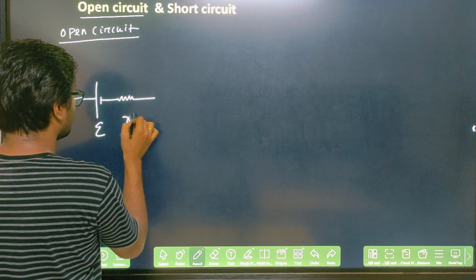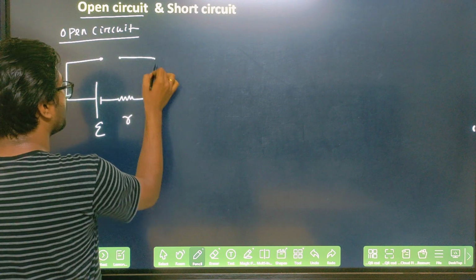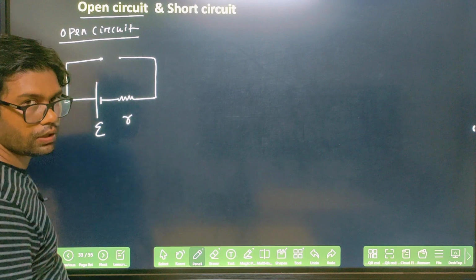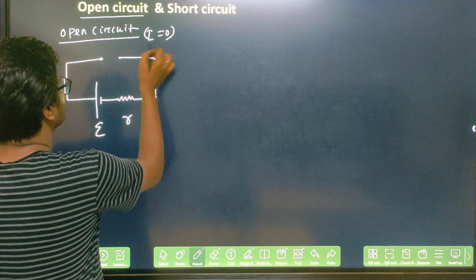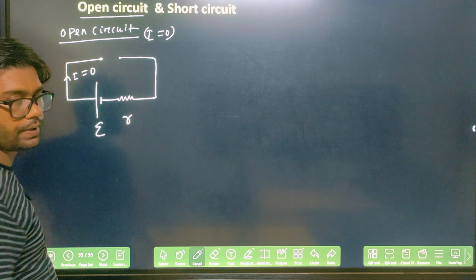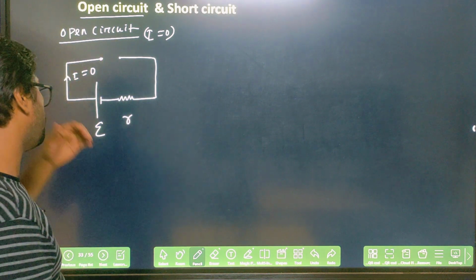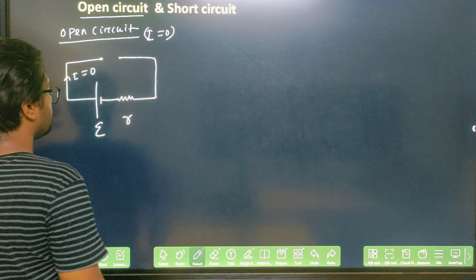This is EMF E and this is internal resistance R, and you are not connecting here. This is open here. If this is open, then no current will flow. So in an open circuit the current is 0. If you close this, there will be a current flow. If it is open, there will be no current flow. That is called open circuit.